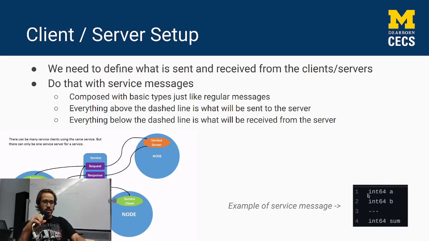So the node that is acting as the client here will send those two ints over to the server. The server will take in those two ints. It will add them together, package them into an output message, and then send that back to the original sender.